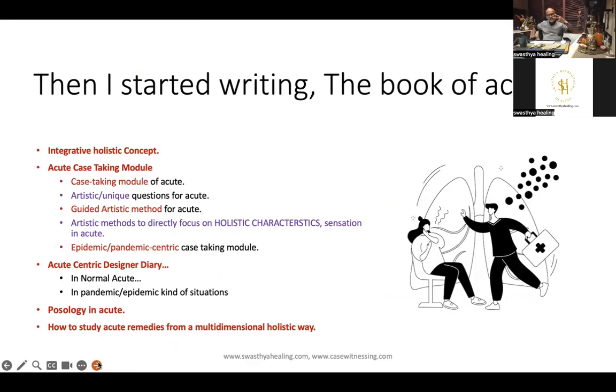The module was 2-step centric, and within 15 to 20 minutes you can zoom into all the PQRS at the particular, general, mental, and holistic levels, with specific guided artistic questions and guided artistic methods to get a better picture in children. Even for children during epidemics and pandemics, there is a specific module and questions which guide us to get the picture out. And in children, the acute-centric diary works very well.